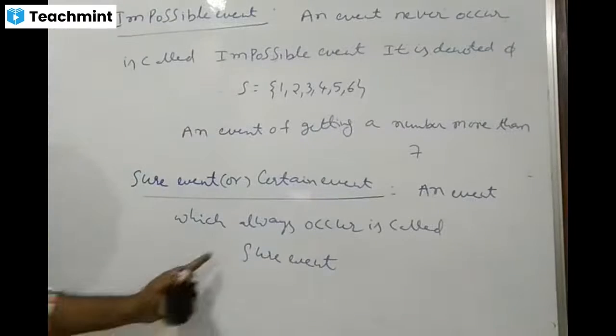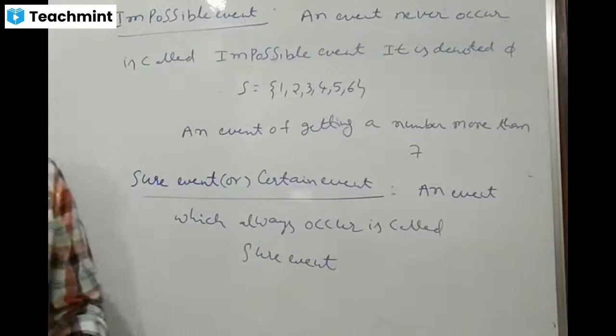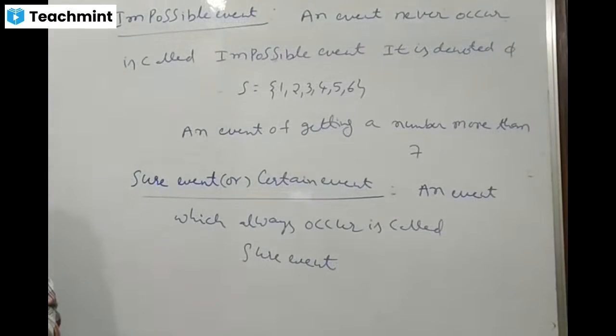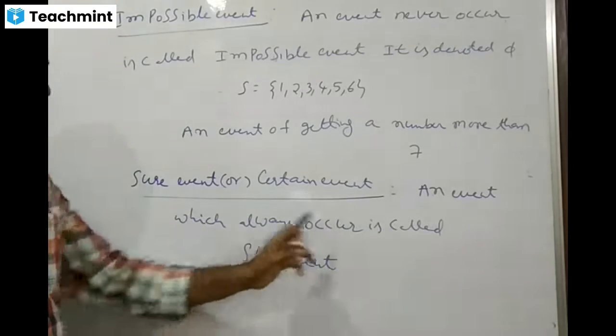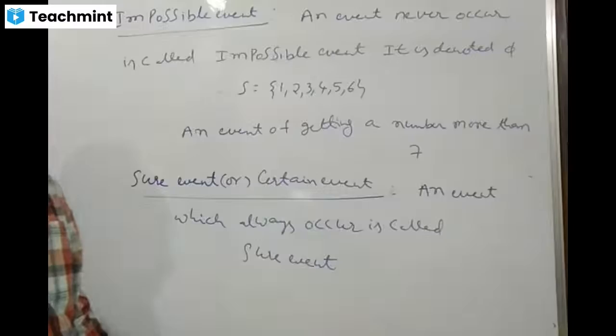An event which always occurs is called a sure event, or certain event.